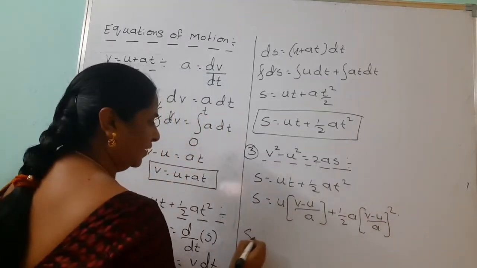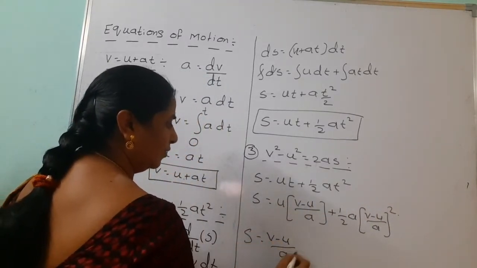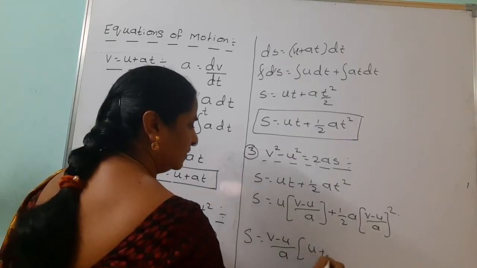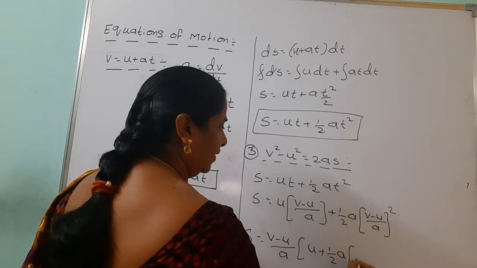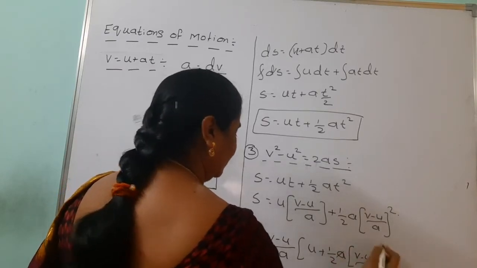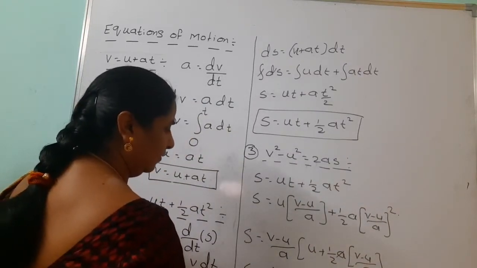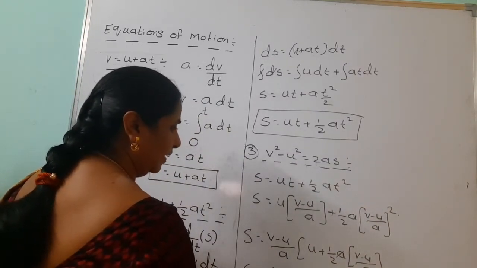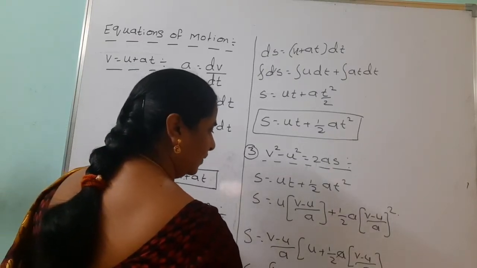After simplification, what is common in these two? (v minus u) by a is common. Here u plus half a into (v minus u) by a. This a cancels. Then after simplification s equals (v minus u) by a into (v plus u) by 2.